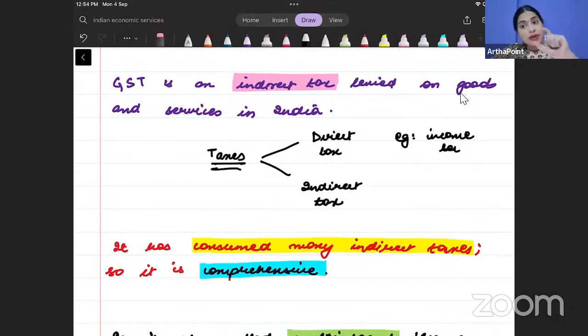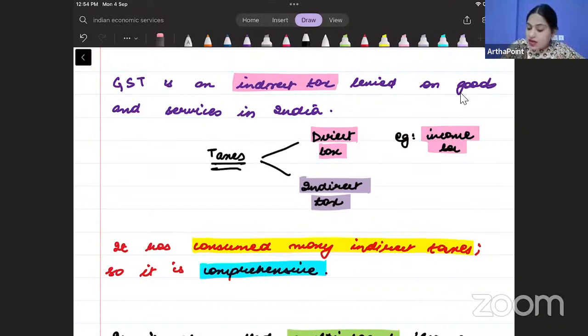So the tax is paid by the people and the tax was also charged on the people. लोगों से ही गवर्नमेंट ने टैक्स मांगा और लोगों ने ही टैक्स पे किया. That is income tax. मैंने इनकम अर्न की, गवर्नमेंट ने मेरे को इनकम टैक्स पे करने को बोला और मैंने ही गवर्नमेंट को टैक्स पे किया. That is direct tax. But indirect taxes, when the incidence and the charging are on different people.